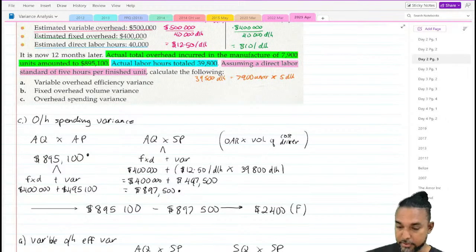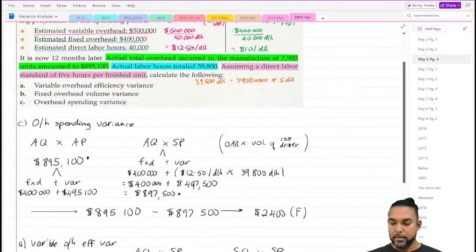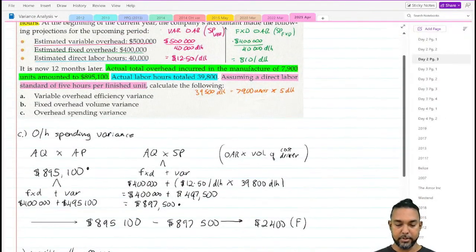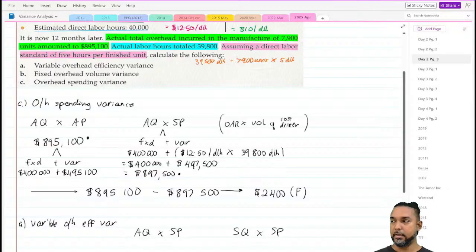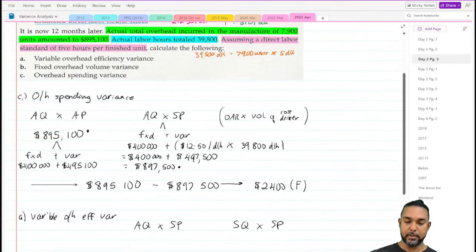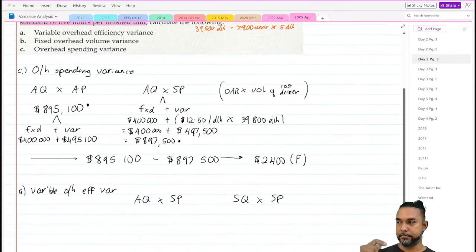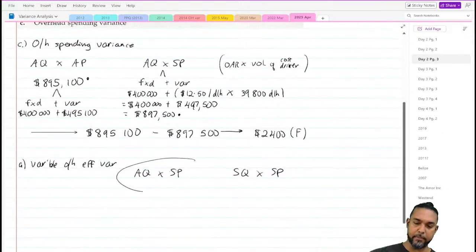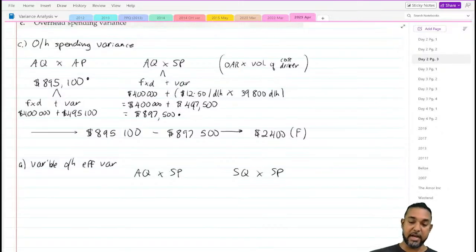All right, cool. Let's go here, guys. So we want to do the variable overhead efficiency variance, right? Now, like I was saying, we already have the middle figure here because we had to use that on top of here. So the actual quantity by standard price, so the actual quantity of what?